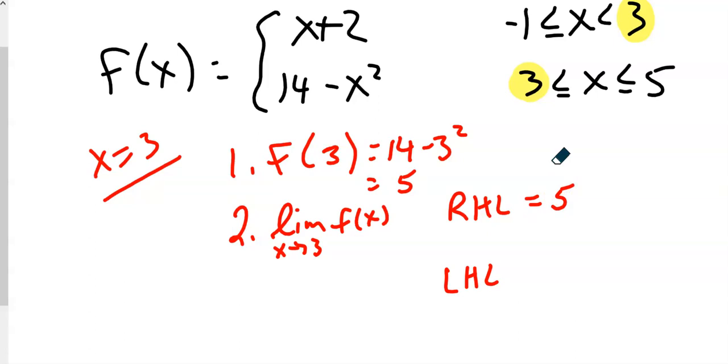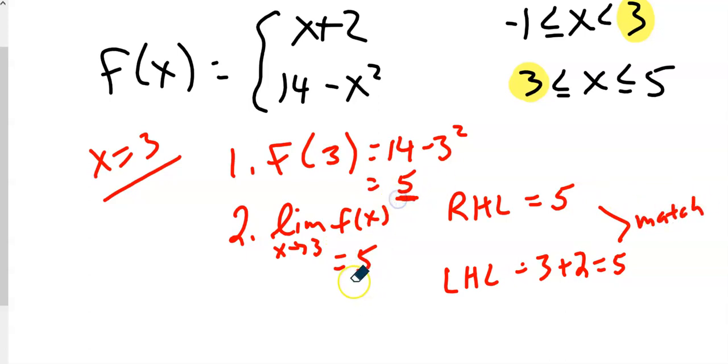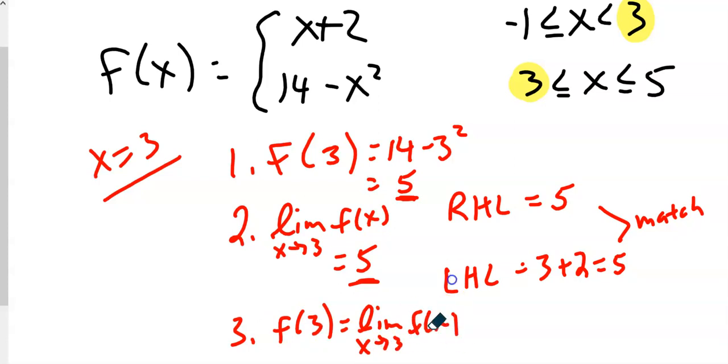Now I have to check the left-end behavior, and therefore that means I plug it into the top one. So 3 plus 2, that becomes 5. These match, so our limit is 5. So our function value is 5, and our limit is 5. So both of those are satisfied. Third step, does f of 3 equal the limit as x approaches 3 of f of x?